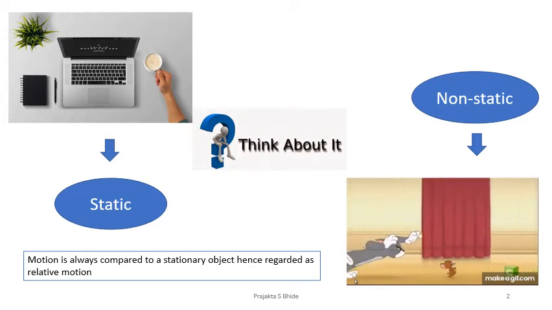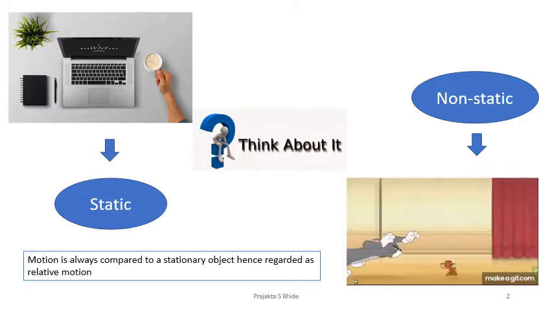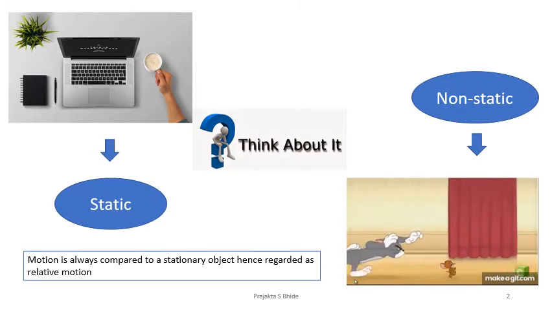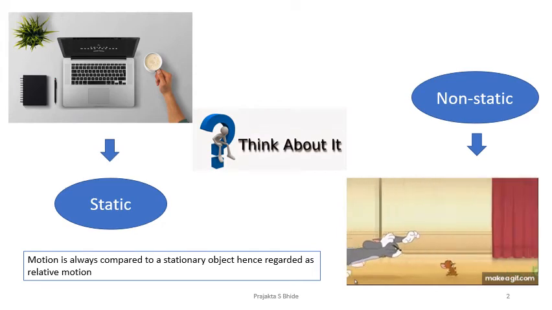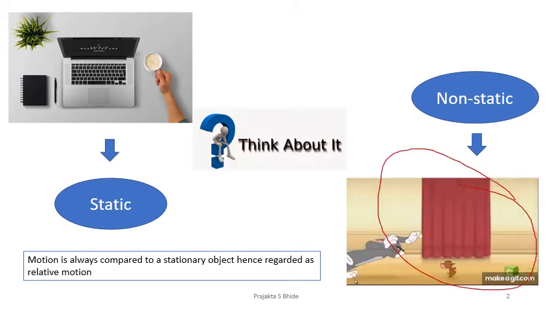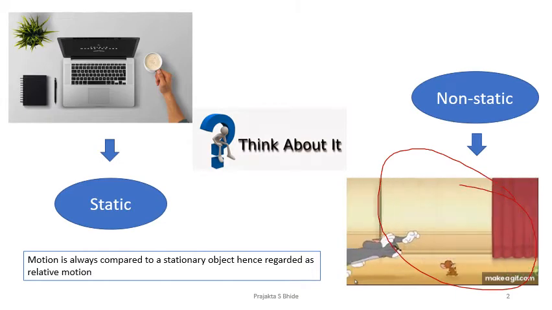Now, whenever I use the word motion, I will always compare it with a stationary object. So I call it relative motion. Confused? Well, let me explain. Look at the Tom and Jerry picture carefully. I say that Tom is running, Jerry is running. Why? Because I see Tom and Jerry moving as far as this curtain or this green box is concerned.